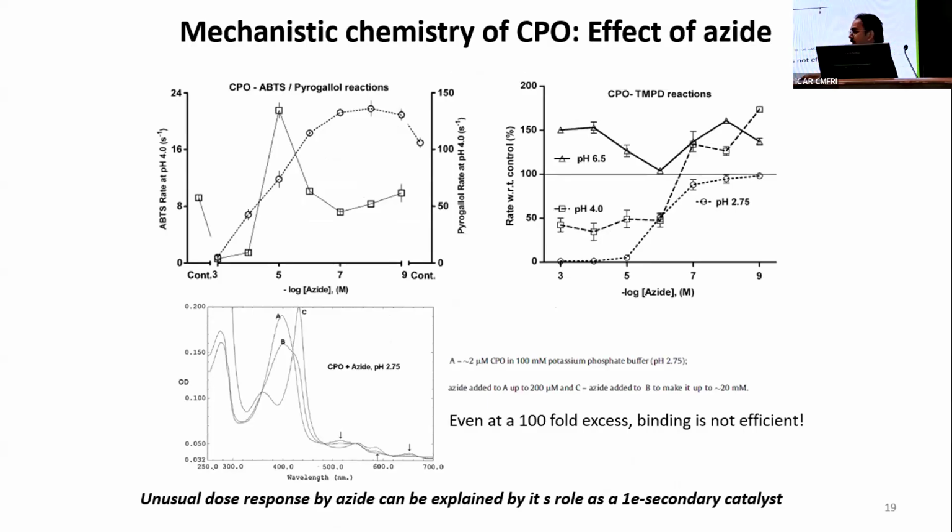This is a very interesting observation. When you look at the concentration of an inhibitor, azide is a known inhibitor for these systems. Now, what do you observe here? We are going down with the concentration, and then we observe sudden activation at some position. How can we explain the sudden activation? Again, binding cannot do that.